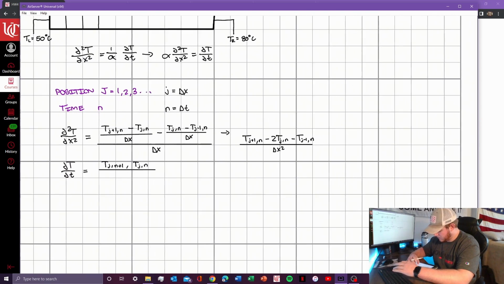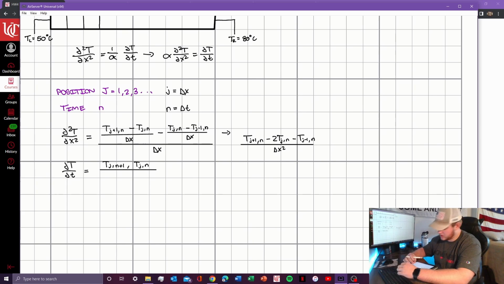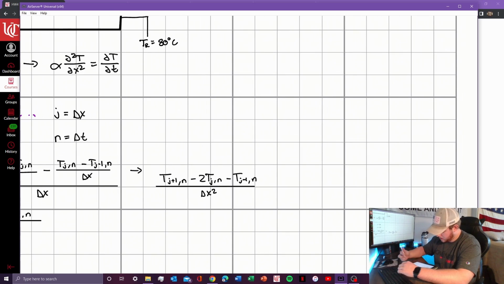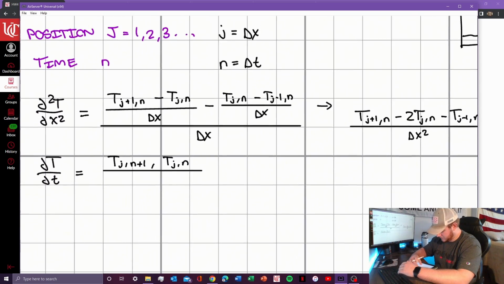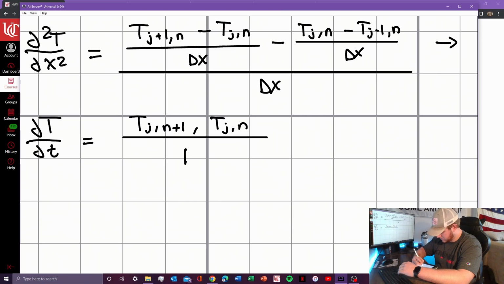I want to specify why we're going in the n plus 1 direction and not the n minus 1 direction, because this is the graph we're trying to solve here. We want it to be linear, but the way it starts out, it's going to be a little exponential. Say we're here, we want to know what it's going to be up here. So that's why we want the plus n direction.